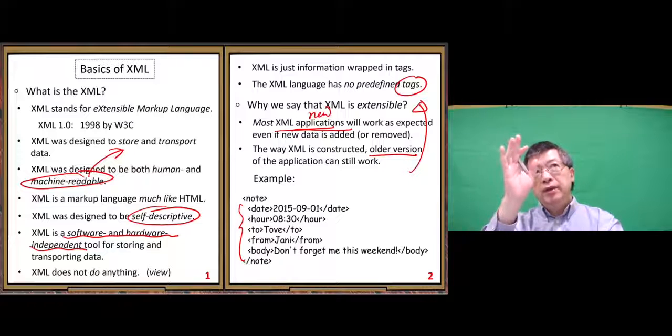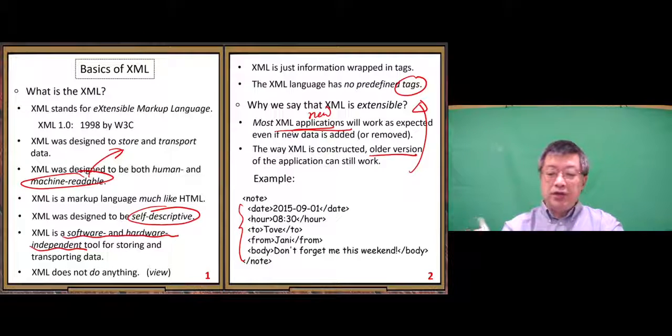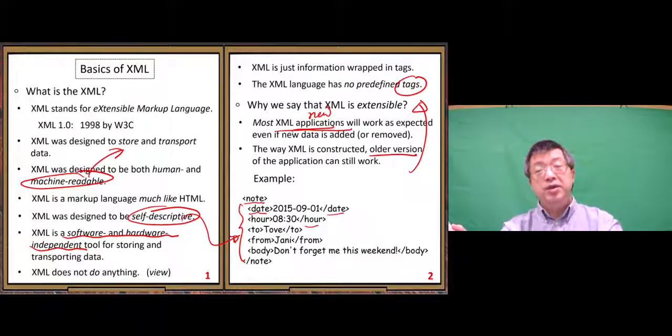But the special thing here is that you can see no predefined tags. Here we do not use predefined tags, right? All these tags are self-descriptive, so you know the meaning immediately. What's the data used for? We can guess easily.